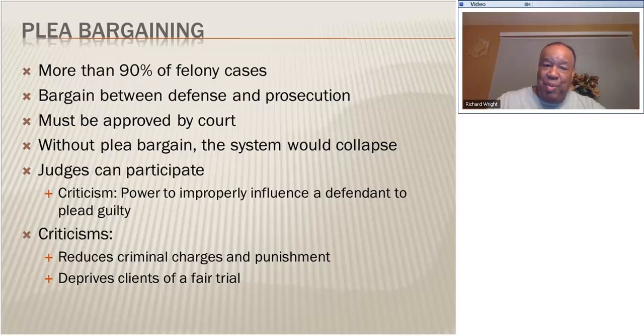By this time he's 18. So I took the deal back to my client, and I met with his mother. He was 18 at the time, so he had the right to make the decision all his own.